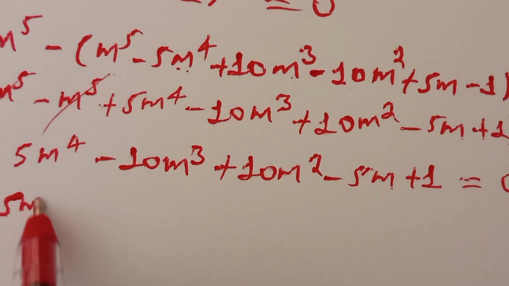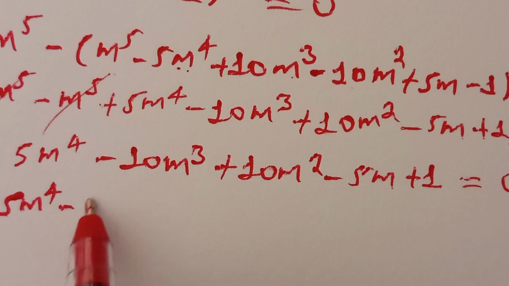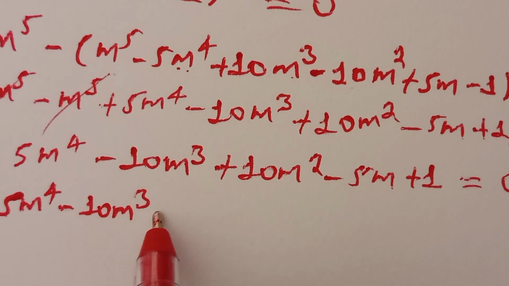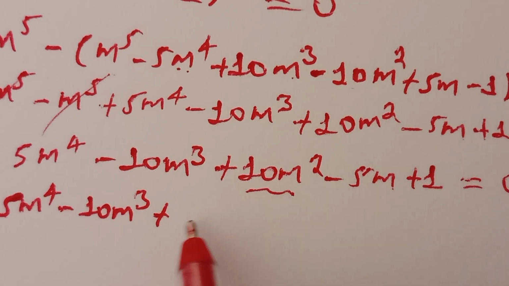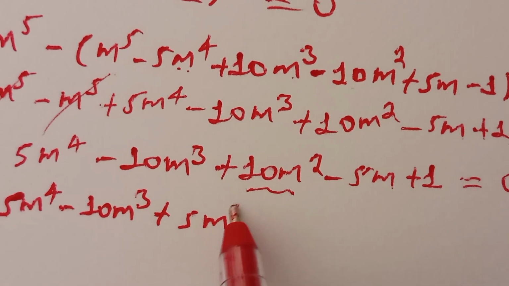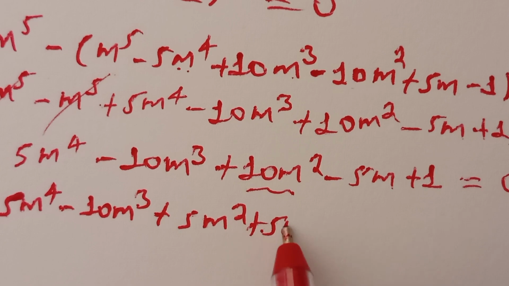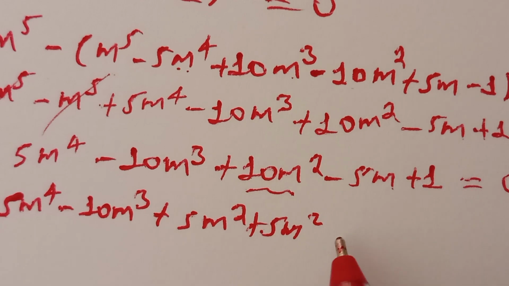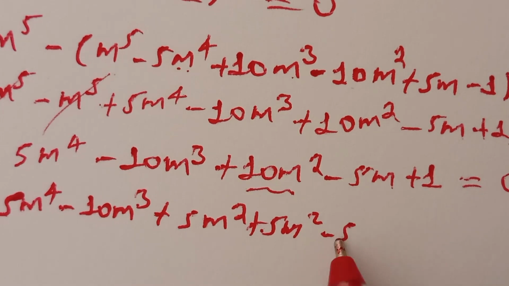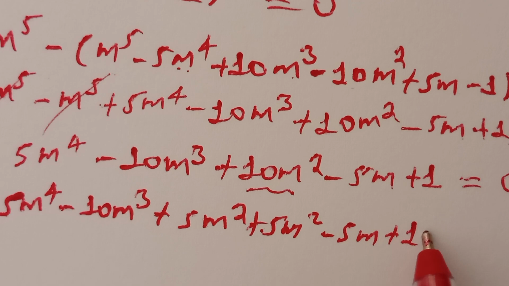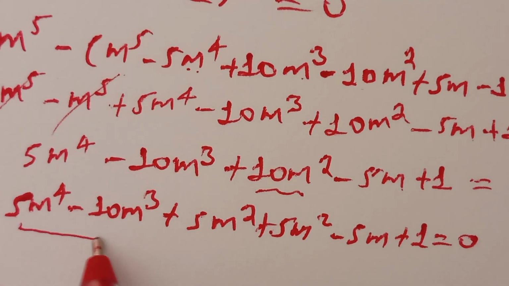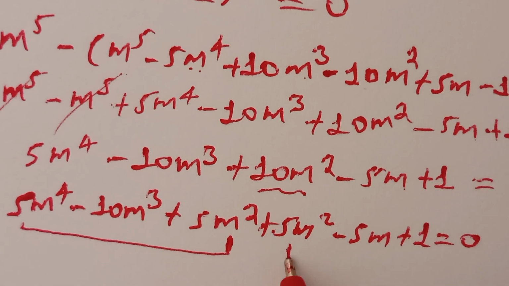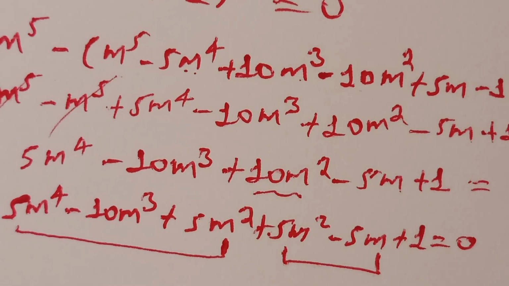This 5m to the power of 4 minus 10m to the power of 3 plus this 10m squared, 5m squared plus 5m squared, the same as 10m squared, so minus 5m plus 1 equal to 0. Take this part together and this part together.